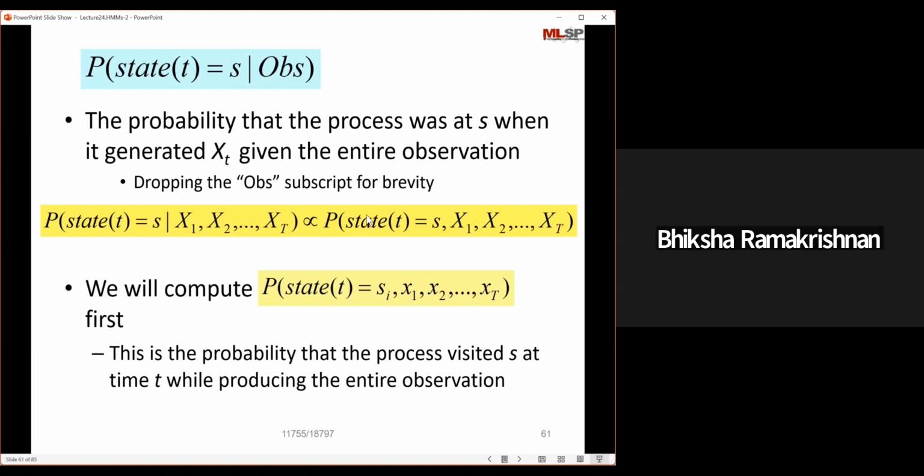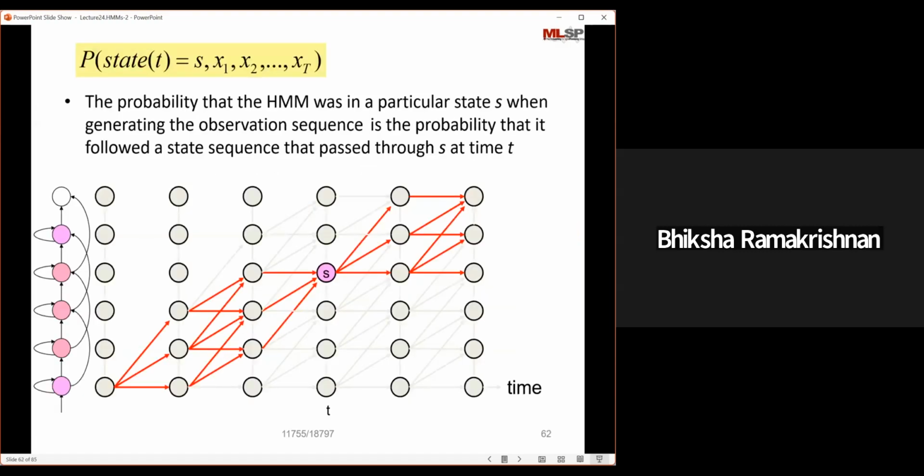So I only need to compute the probability that the process is in state Si at time t and generates the observation sequence. So this is the probability that the process visited state Si at time t while producing the entire observation sequence, right? So what is that?